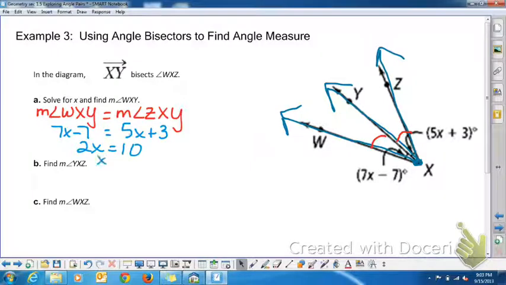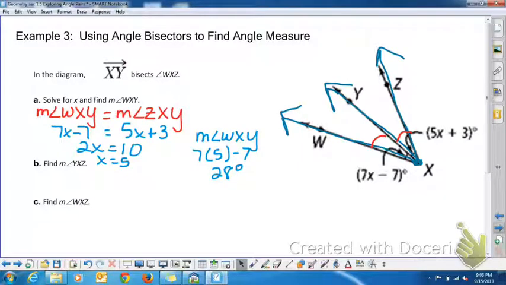And therefore, x will equal 5 using the division property. We can find the measure of this angle, WXY, because WXY is represented by the expression 7x minus 7. So the measure of angle WXY would equal 7 times 5 minus 7. So it's 28 degrees.